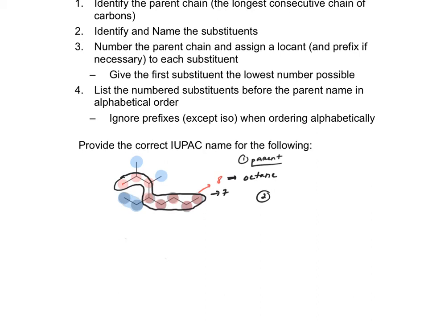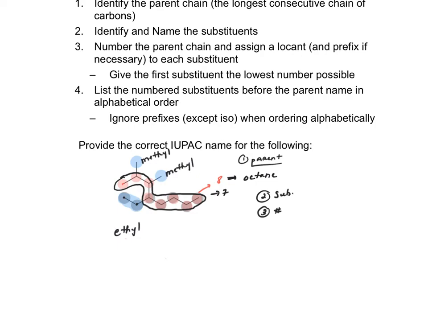So a 1 carbon chain is a methyl group. We can go ahead and write that. We've got a methyl. We've got a methyl. And then over here, we've got a 1, 2. 2 carbons is eth. And then as a substituent, it's ethyl. Okay, so I've identified the substituents. Now we need to number. I have 2 options here.